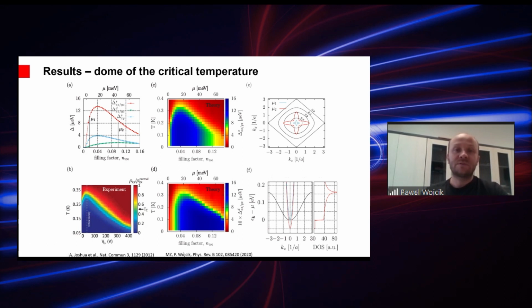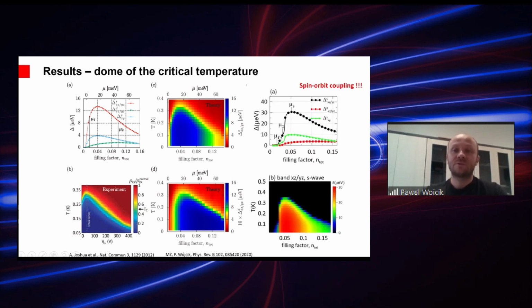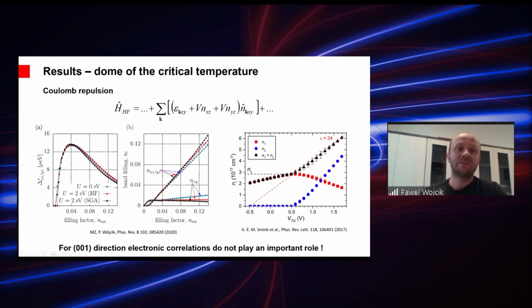In our model, of course, in the next step, we also did calculations with the spin-orbit coupling, and you can see that the inclusion of the spin-orbit coupling does not change this figure much. So we can see that for sure the link between spin-orbit coupling and superconductivity is not able solely to induce this characteristic shape. Moreover, in our model, we use two different methods of calculation.